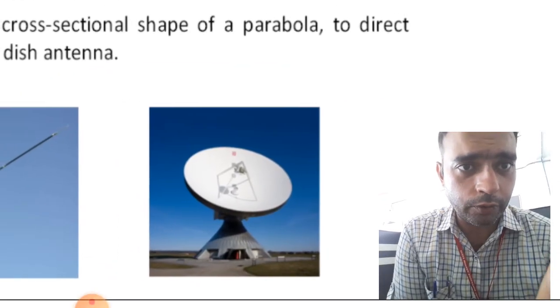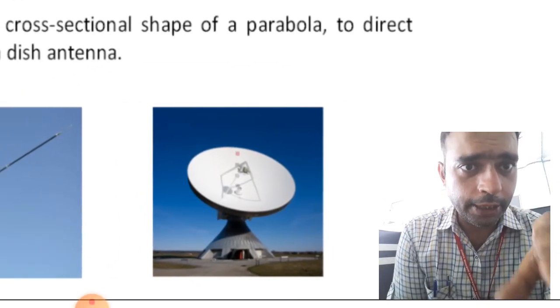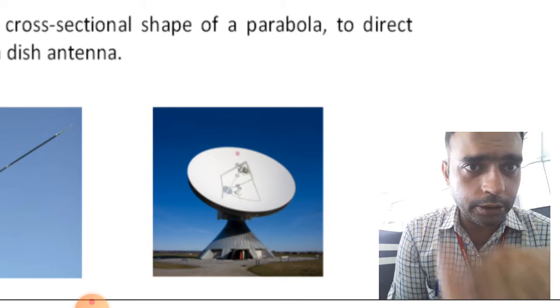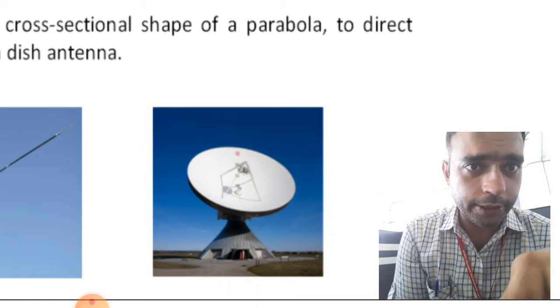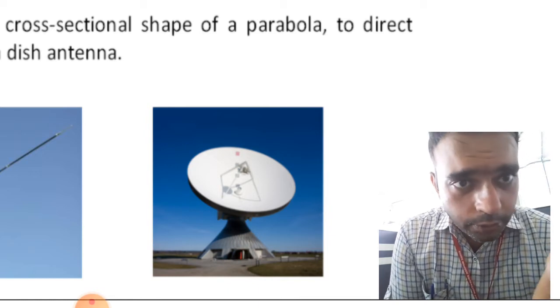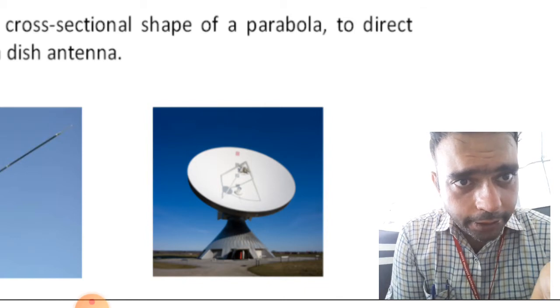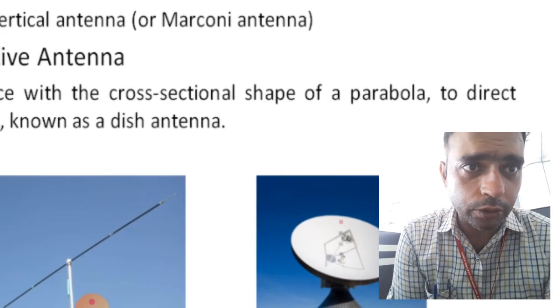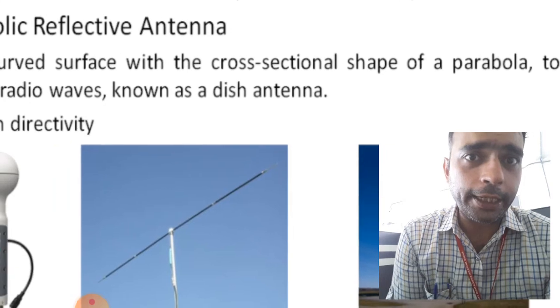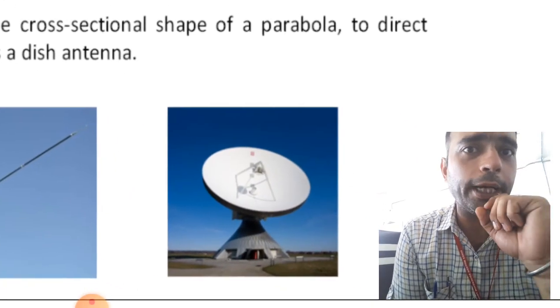The curved surface that you are seeing in white color is a curved surface here. So this part is the dish antenna, and the cross section is used for directing the radio waves.